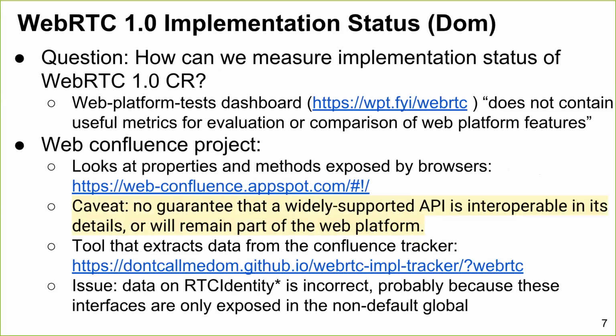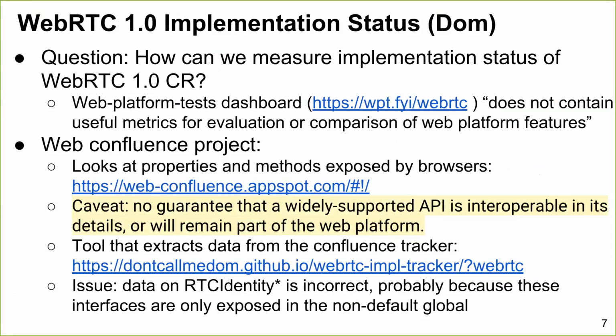So Dom, you wrote a tool that extracts data from the tracker? Yeah, basically it looks at all the interfaces defined in the WebRTC specs and extracts the data from the Web Confluence data and presents it in a somewhat easier to read table, highlighting in particular those methods and properties that have less than 2 implementations, in some cases 0.